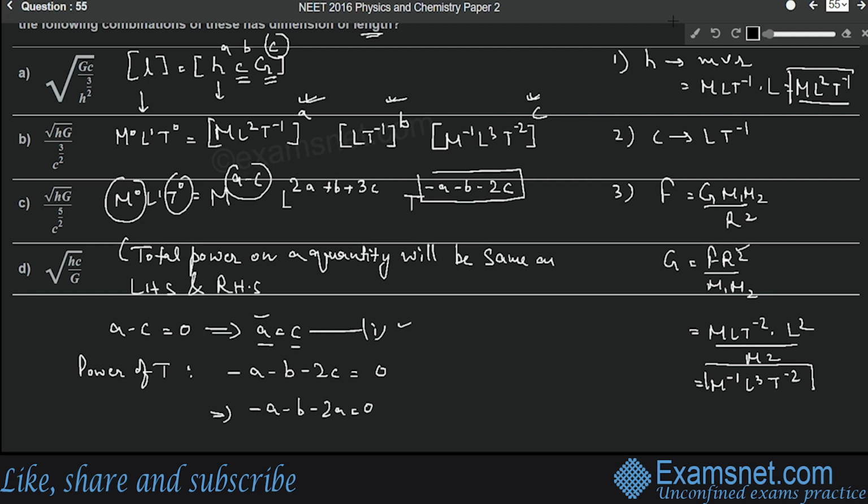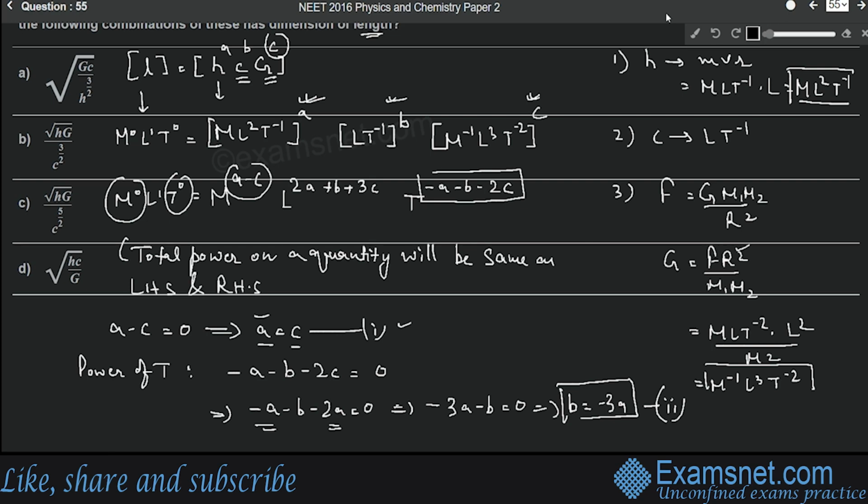So in place of 2c we can write 2a, right? What do we get on solving it? Minus a minus 2a, that means minus 3a. So minus 3a minus b equals 0. What will be the value of b from here? b will be equal to minus 3a. So we have got the value of b as well in terms of a. This is equation number 2.